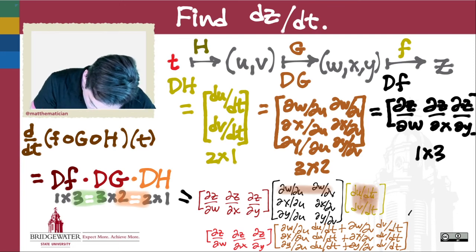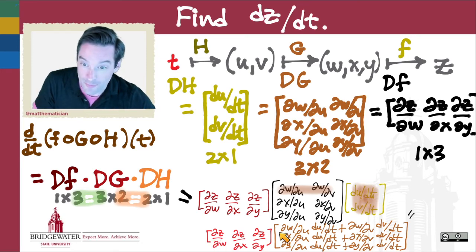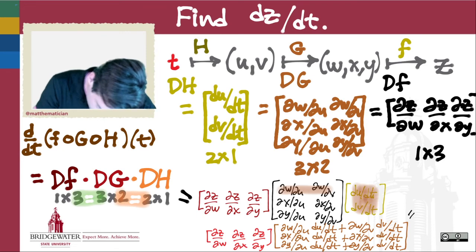And so when I do that, what I get is dz dw multiplied by this whole first entry. So I'm going to try to write this out as well as I can here.